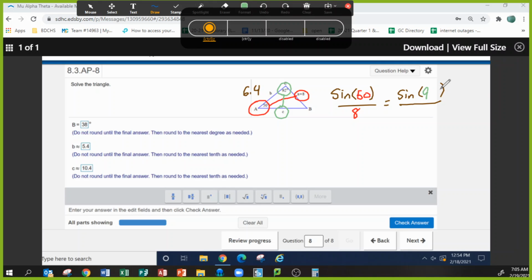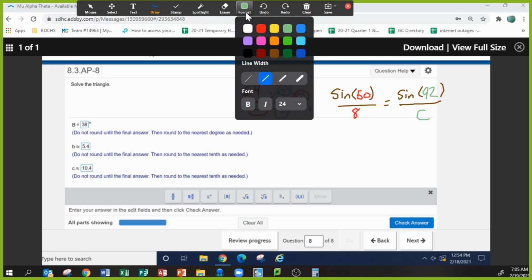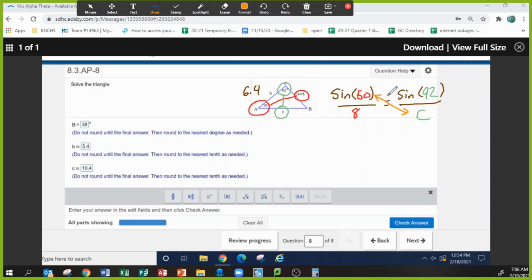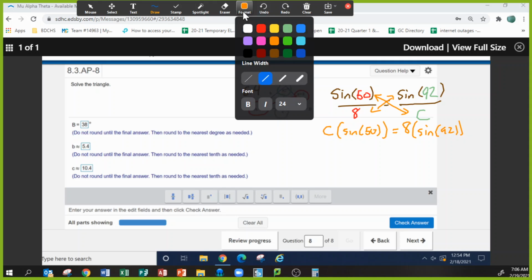That's one of the worst 2s I've ever seen. And now I can do the algebra, cross multiply, and see what I end up with. This is going to give me C times the sine of 50. And that's going to be equal to 8 times the sine of 92. And I want to isolate the C, so I divide by the sine of 50 again.